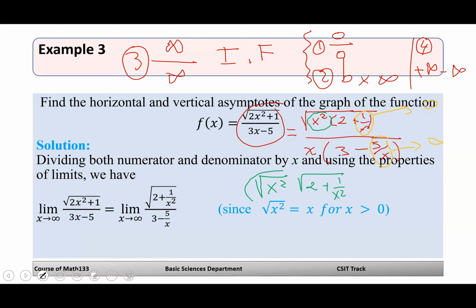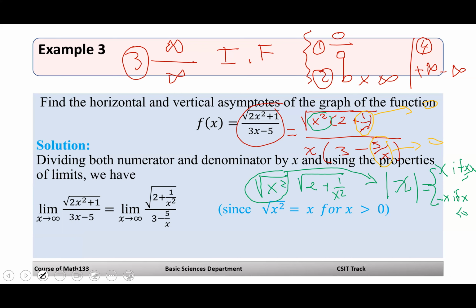And the problem may come from here, because root x squared is exactly the absolute value of x. And absolute value of x has two expressions depending on the sign of x. It is x if x is positive, and minus x if x is negative.